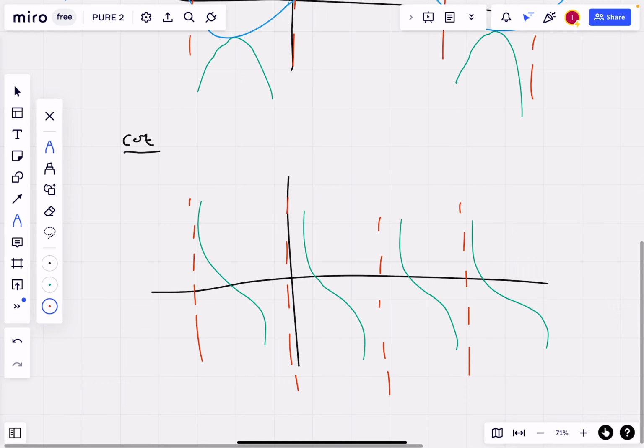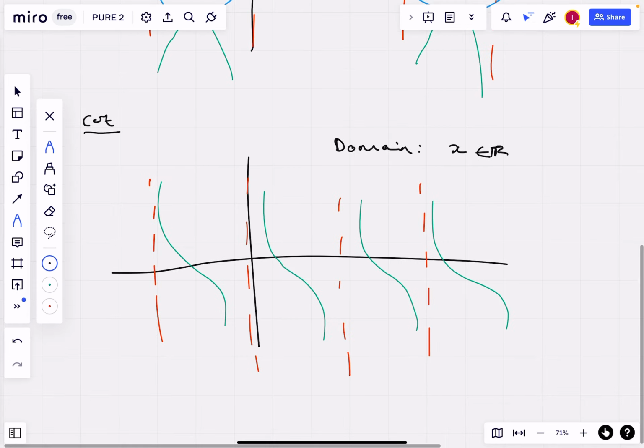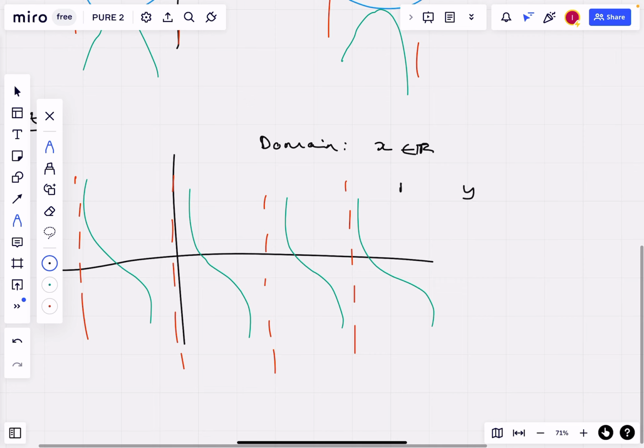Okay? In this case, the domain is any real value, and the range is any real value.